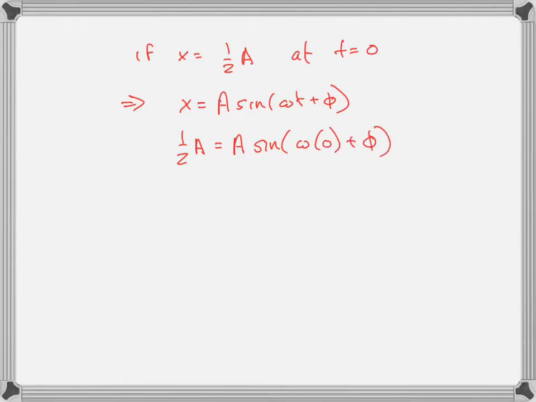The a's cancel, and we're left with 1/2 equals sine of phi, so phi is equal to the inverse sine of 1/2. That defines our initial conditions. Phi is defined by the initial conditions. It's called a phase factor, and it's just an arbitrary constant defined by the problem.